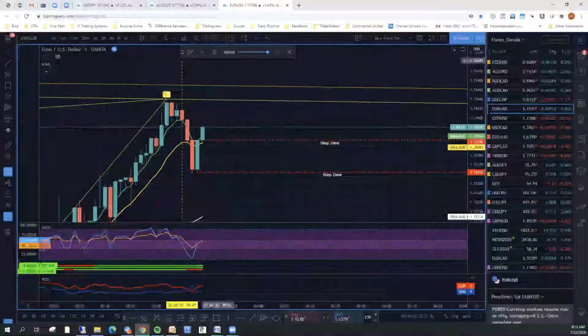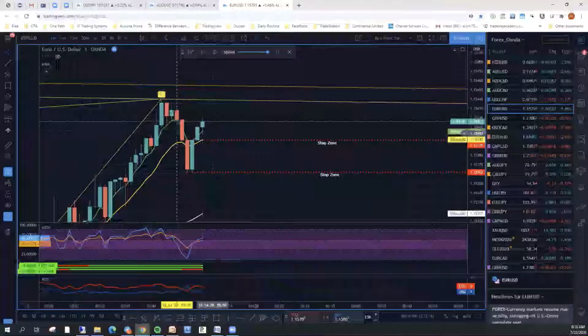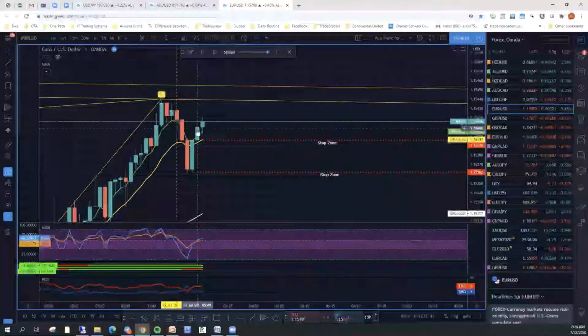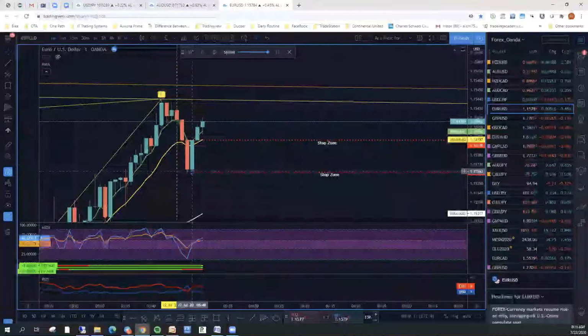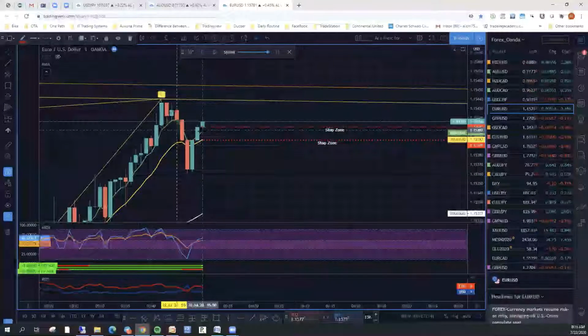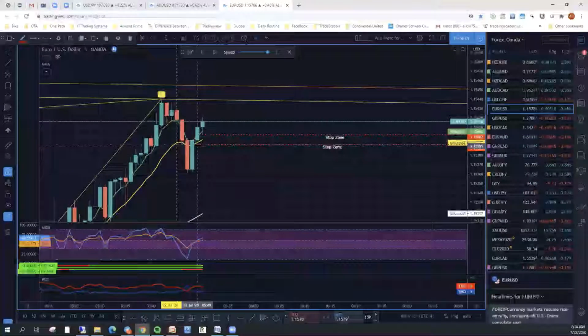Next candle. Well, we have a higher high, a higher low, and we still have a higher close. So now I can move this one on up to there. And I would just move it up into this range. I'll move it right there. I just took this one over there.